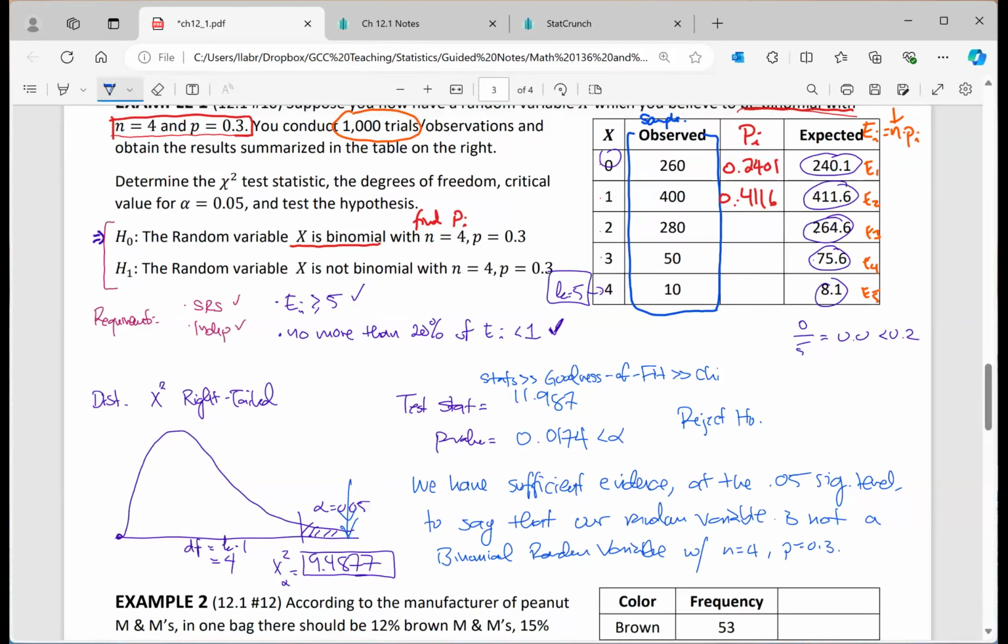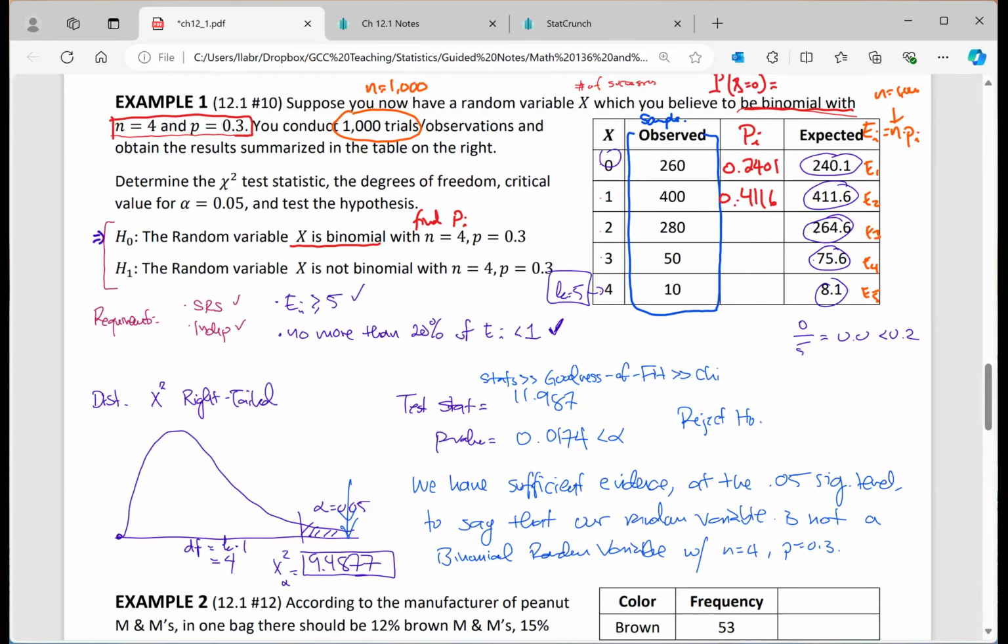So it could be binomial with other parameters, but not with whatever they described.